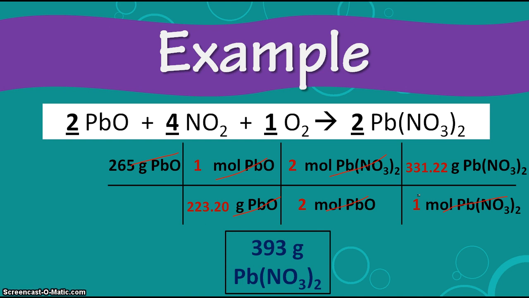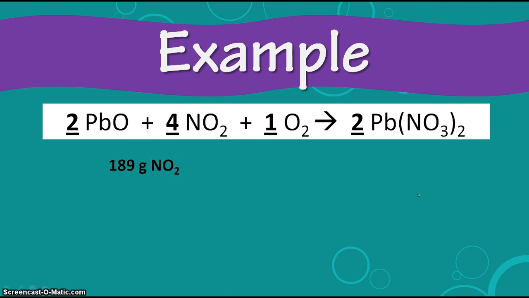Use the molar ratio provided by the balanced equation and determine the product that could theoretically be produced given 265 grams of lead oxide. Well, with the other reactant, we were given 189 grams of it, in this case nitrogen dioxide. So let's figure out how much product this amount of reactant can produce.